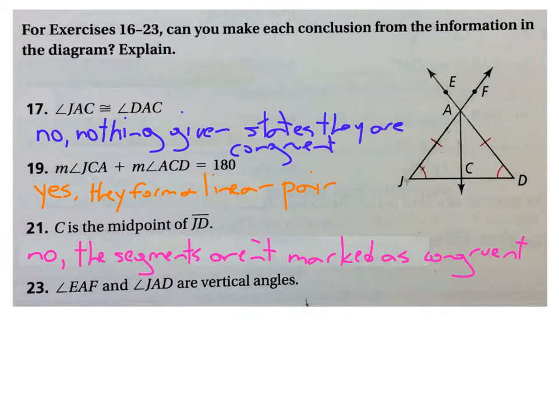Finally, the question is EAF and JAD are vertical angles. Well, let's take a look. Remember, we're allowed to assume that things that appear straight are straight. So I'm going to say, okay, then that means that I could draw a line here along there, and I could draw another line along there. And guess what?